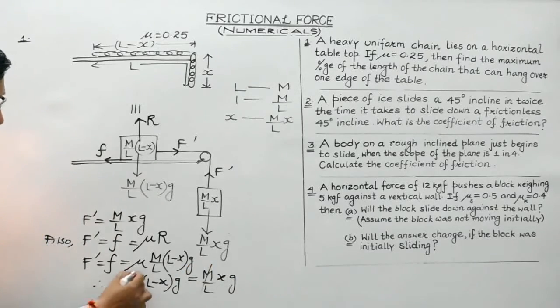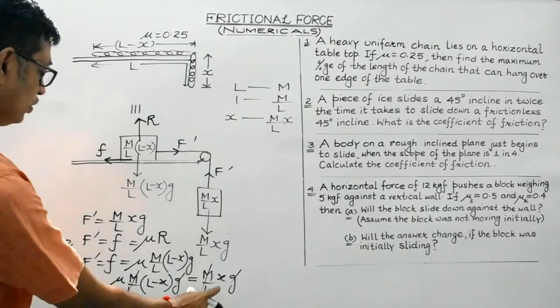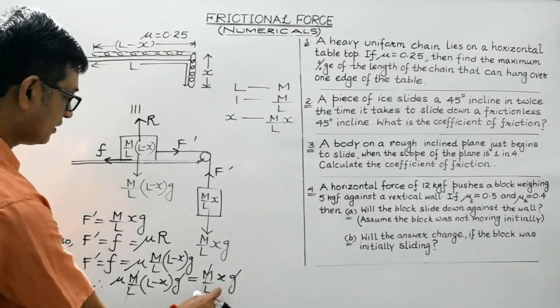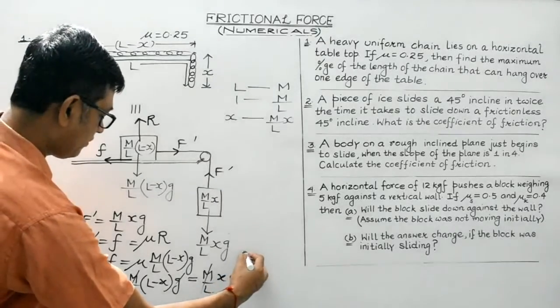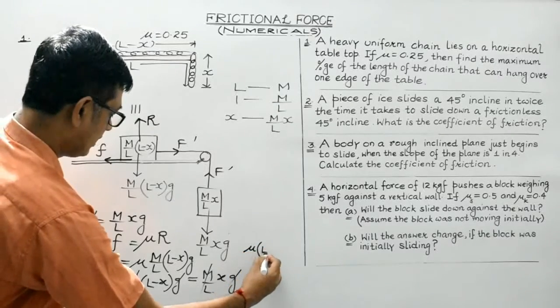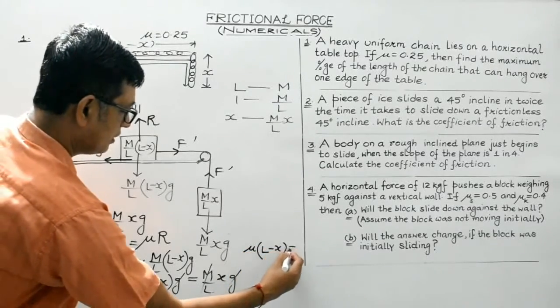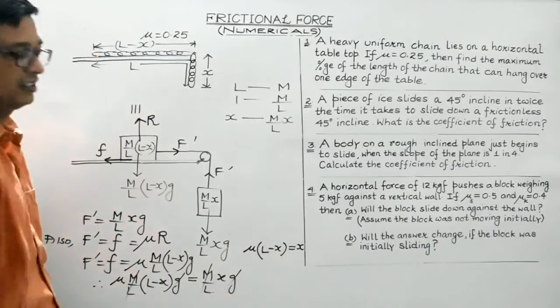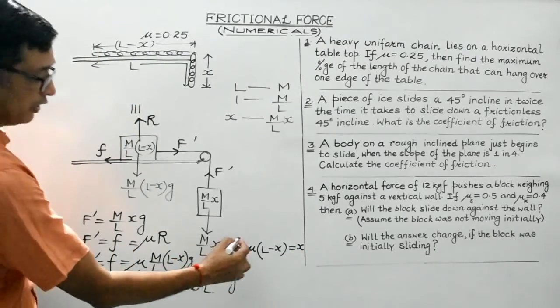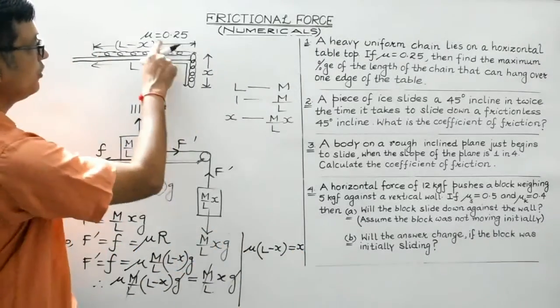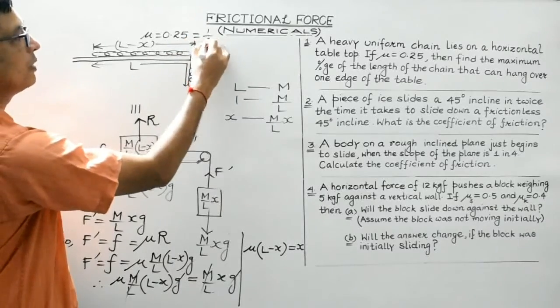So m by L gets cancelled, g and g get cancelled. What we get is mu (L minus x) is equal to x. The value of mu, the coefficient of friction, is given to be 1 by 4.